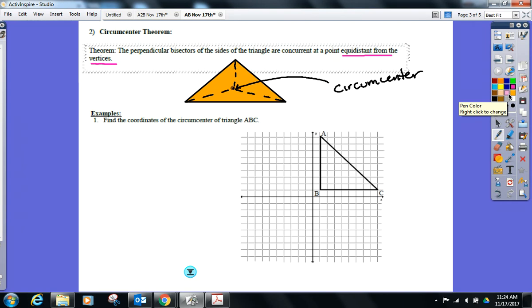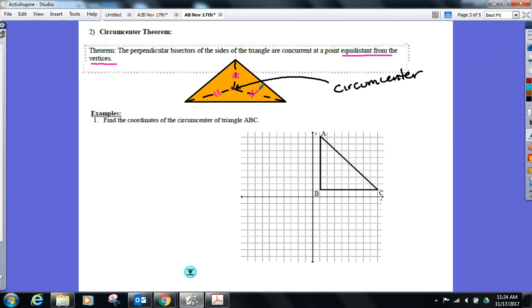That point is the same distance away from every vertex. So those line segments you just made are all congruent. Circumcenter only, equidistant from the vertices. We okay? Because now we're going to apply it, and now you're going to start talking.